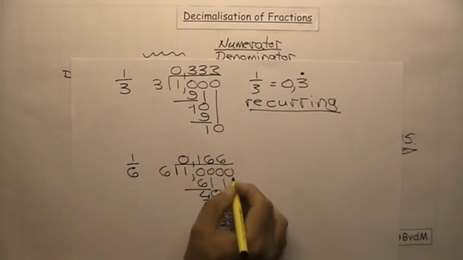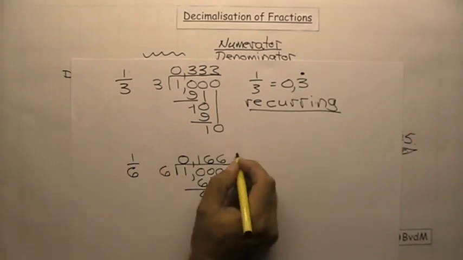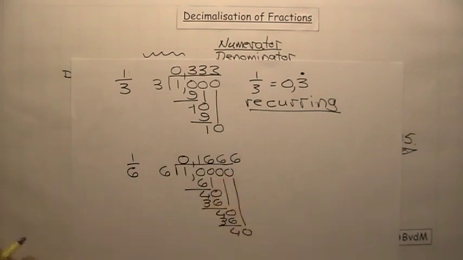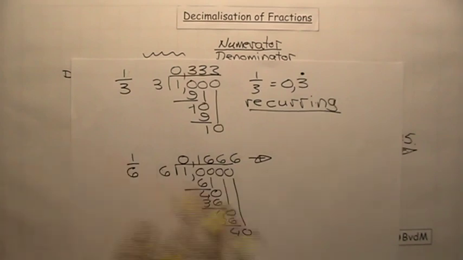Bring the 4 down. And the nought. 6 goes into 40 6 times, which is 36. And we're going to see now that that is going to carry on ad infinitum, without stop, forever and ever.